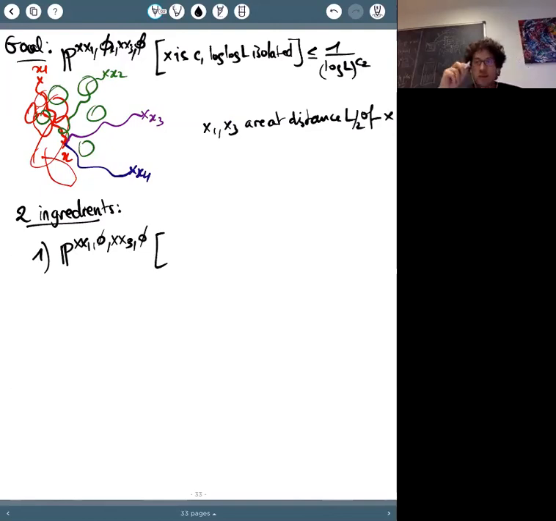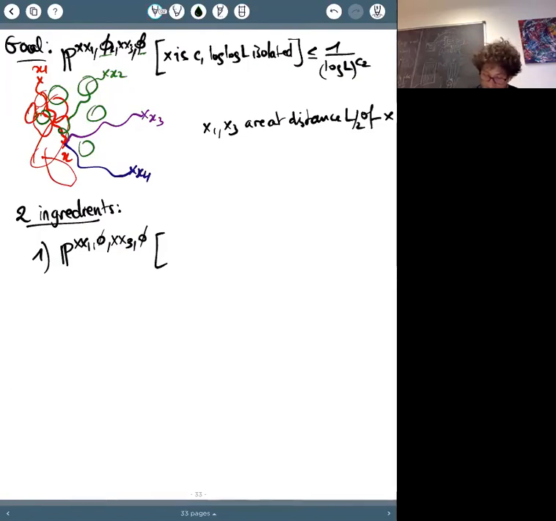Remember that the xi were at distance L of each other, so that doesn't mean they are at distance L of x. But when I remove the sources, I could remove either the sources x2 or the sources x1. So I could always choose to remove the sources for the xi which is the closest to x. So I can guarantee, without loss of generality, that x1 and x3 are at a distance L over 2 of x. Okay, so I'm going to assume that.